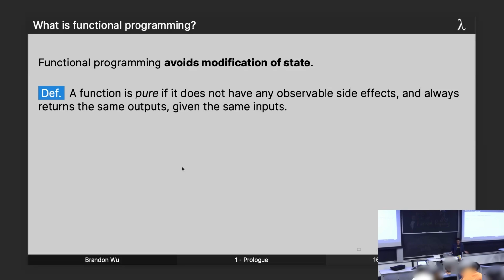In a mathematical function, sine of pi is one of 0 or 1. I don't know which, but it's one of those, and it never changes. It's never different. Sine of pi is sine of pi is sine of pi. I don't have to think about anything lying in the background, any state, when I evaluate sine of pi. A pure function behaves the same. A pure function does not have any what we call side effects.